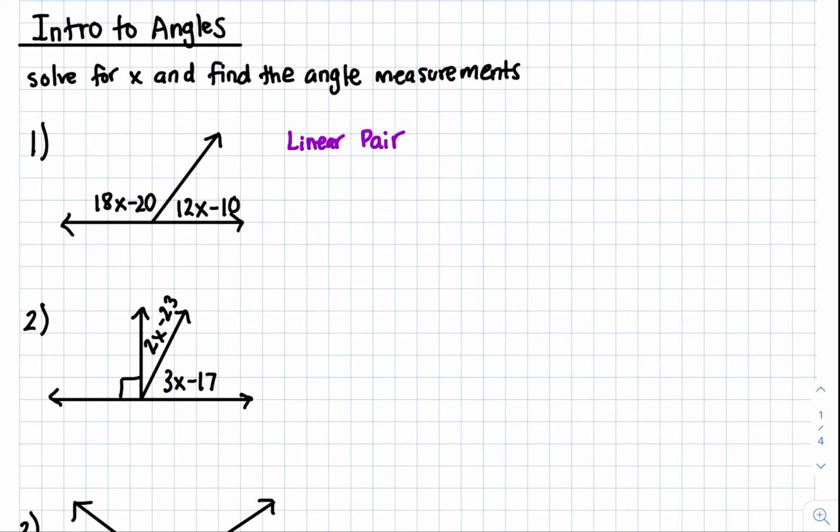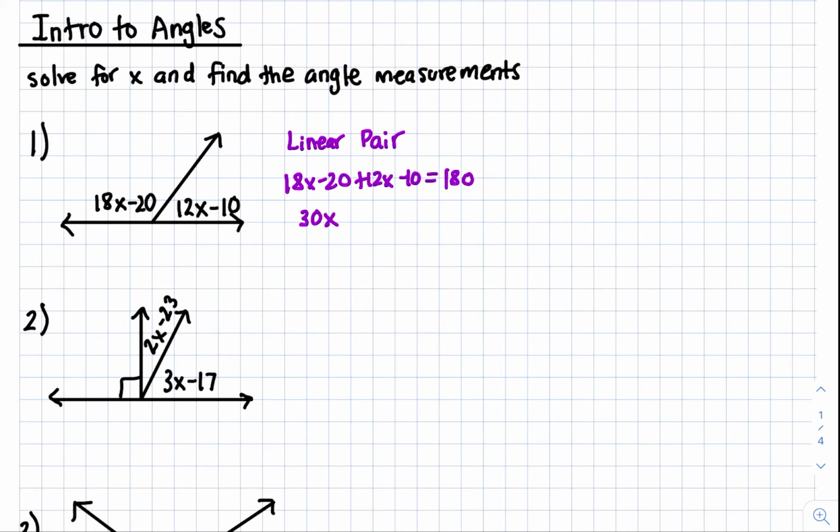So let's solve. Okay, so we're going to have 18x minus 20 plus 12x minus 10 is equal to 180. Why? Because these are supplementary angles, which means two angles add up to 180. So now we simplify, collecting like terms: 18x plus 12x is 30x.